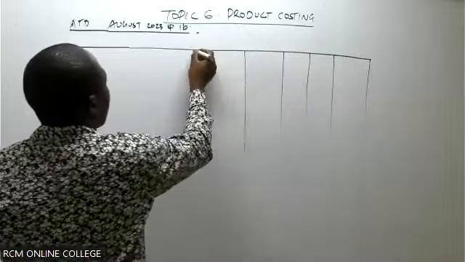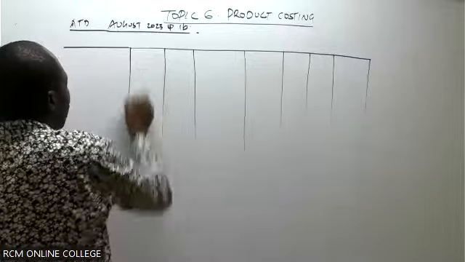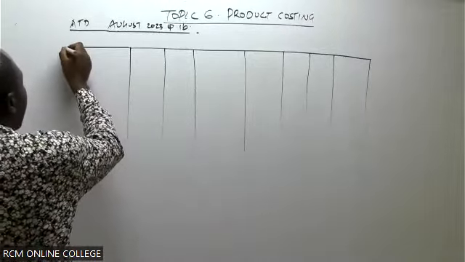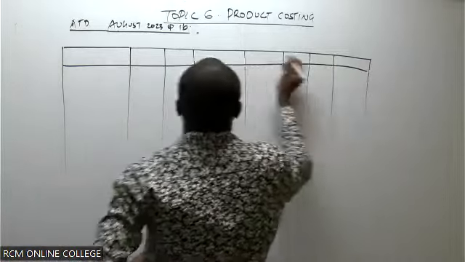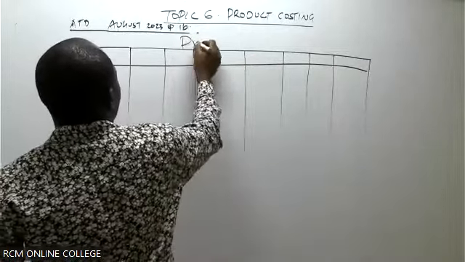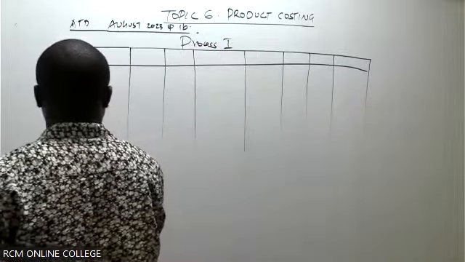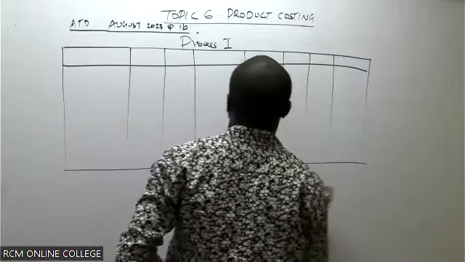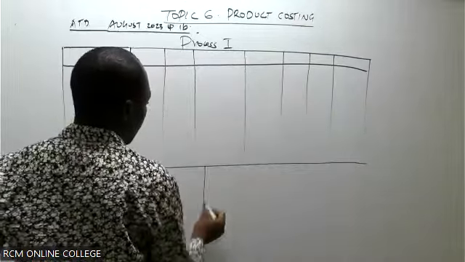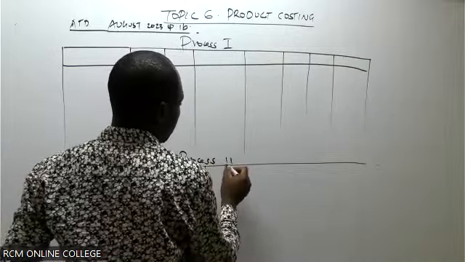Then here we have amount, cost per unit, units, and then we have particulars or details. So this is what we call process one. I'll do the same thing down here for me to move to process two.